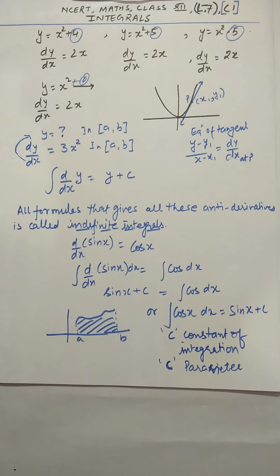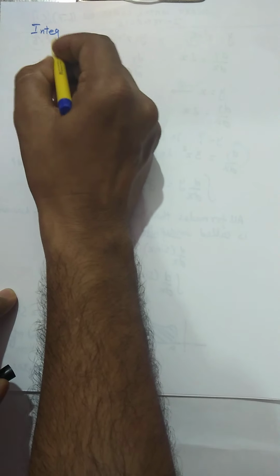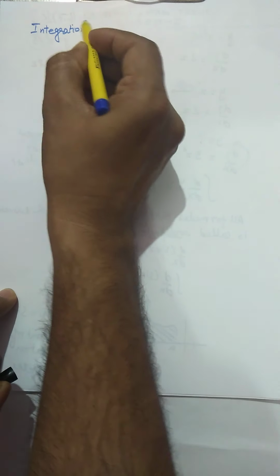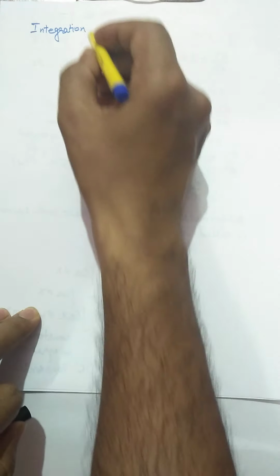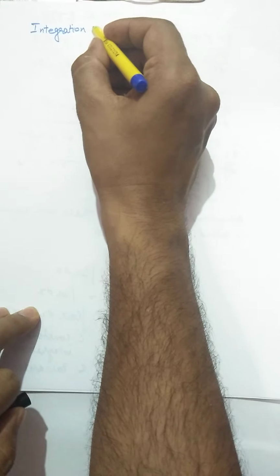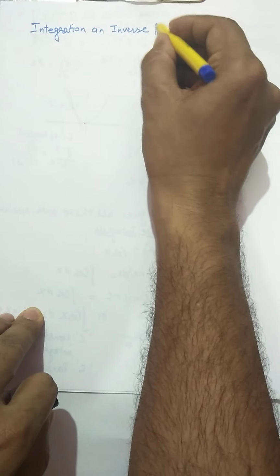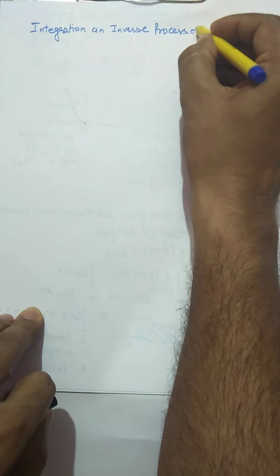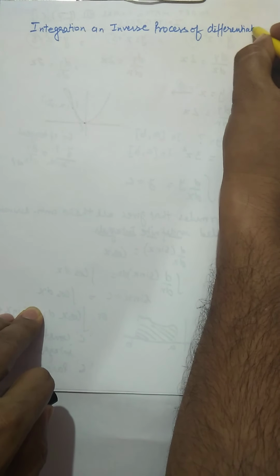So now we are going to finally define what integration is. We'll take the help of the definition that is given in many books. When we say integration, it means we are talking about the process. Integration is the inverse process of differentiation.